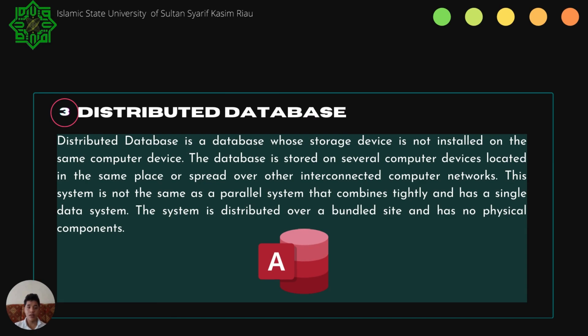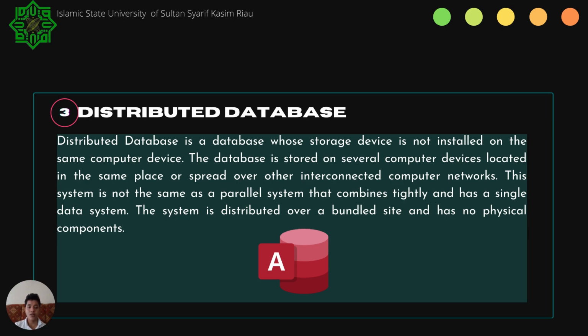And the third is a distributed database. A distributed database is a database whose storage device is not installed on one computer server device. The database is stored on several computer devices located in the same place or spread over interconnected computers.